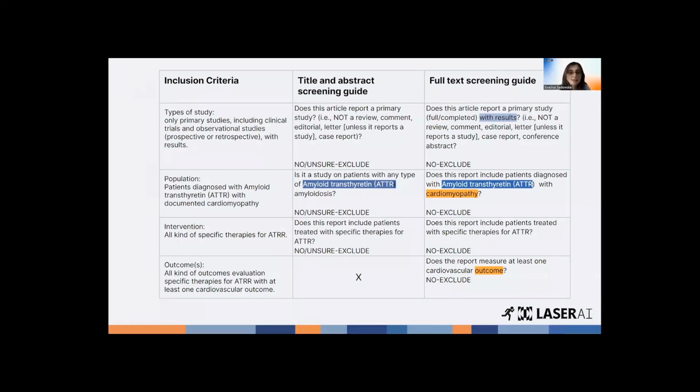For example, in the last question related to outcomes, in the abstract, authors often provide just one or two most important outcomes, and we can't be sure if in a full PDF there will be nothing more. So for that reason, we ask about the cardiovascular outcome when records will be included for the full text screening.